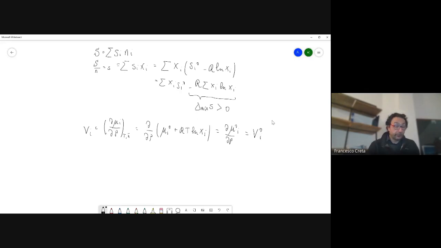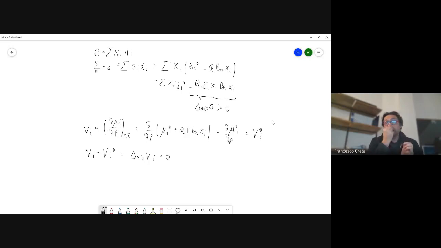So there is no difference. In fact, Vi minus Vi 0, which is supposed to be the delta mix Vi, is equal to 0. So the mixing volume is 0. What this means is that mixing causes essentially no change in volume for perfect mixtures.